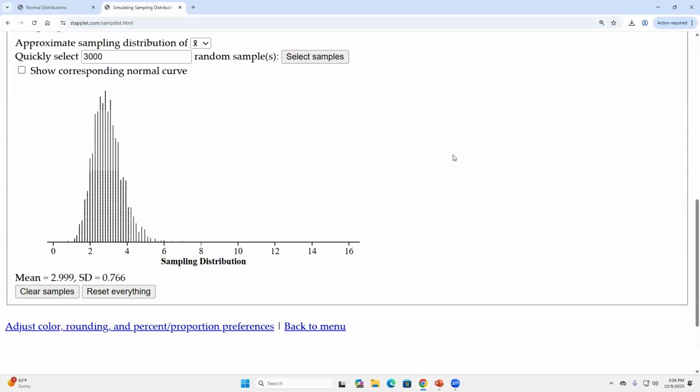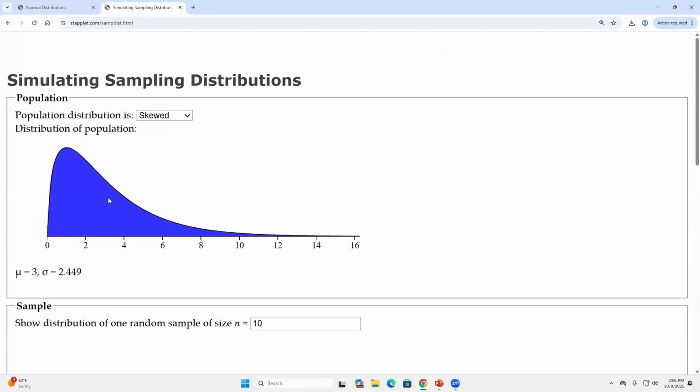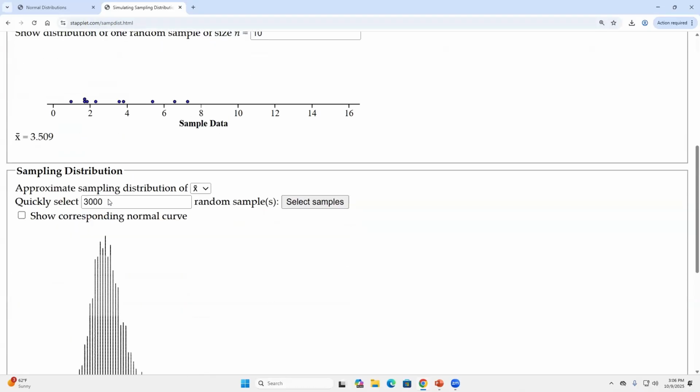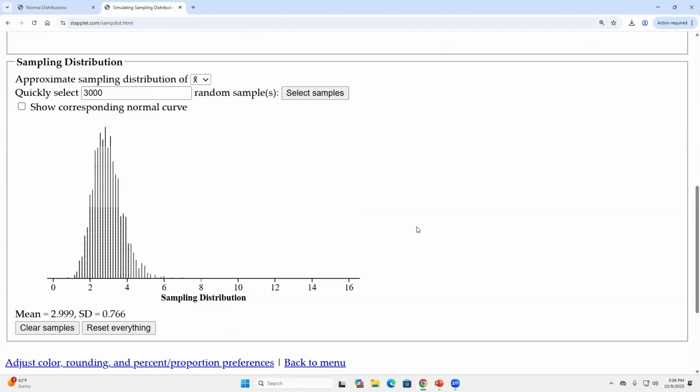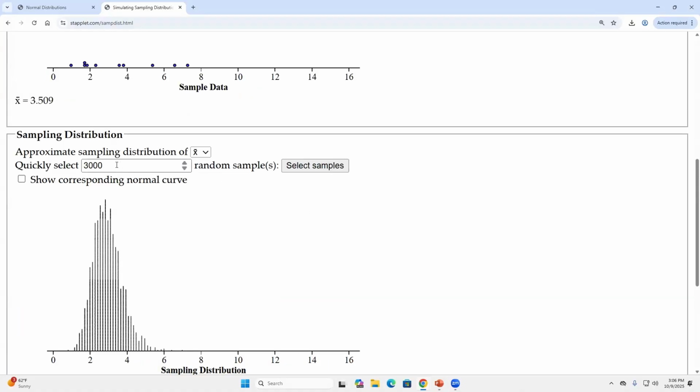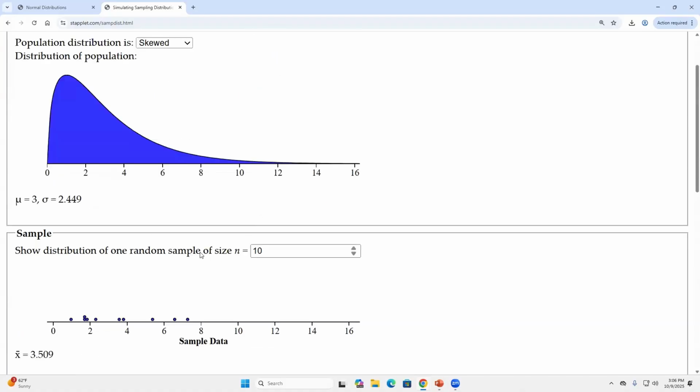So we've already seen it here with this skewed distribution. The first thing that I want to show you is why we do samples at all. To show you why we need to use samples and why we're not just doing case studies, we're going to take this sample size of 10 and change it to a sample size of 1.